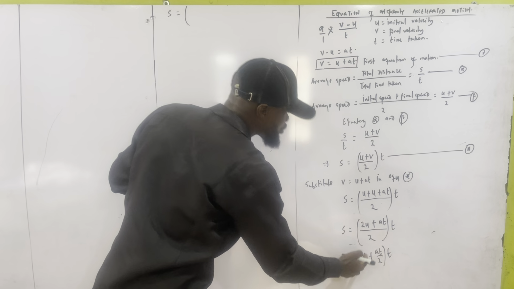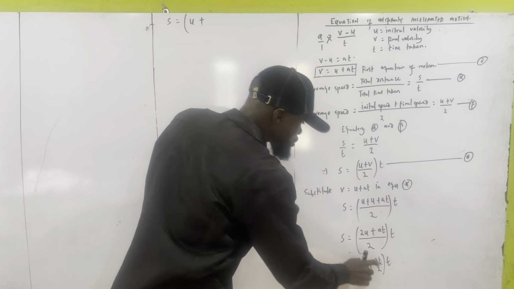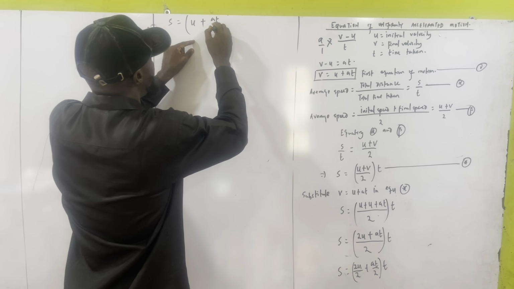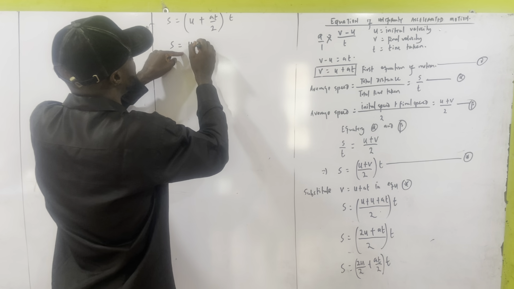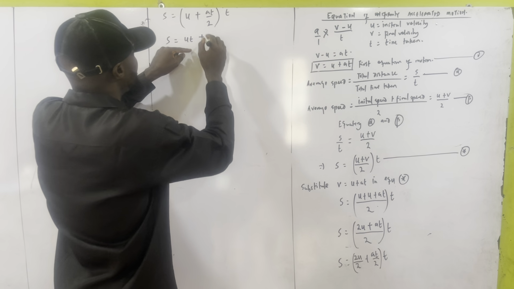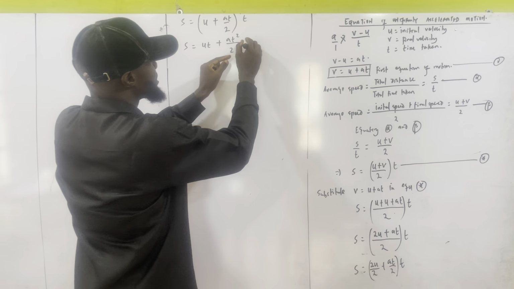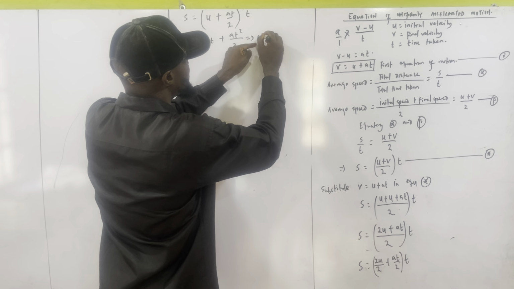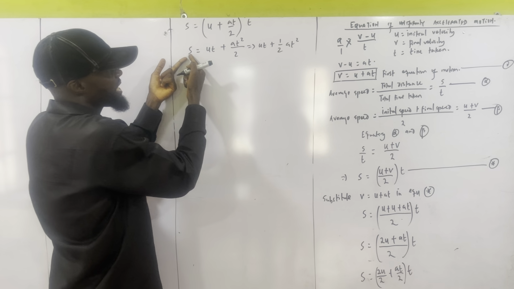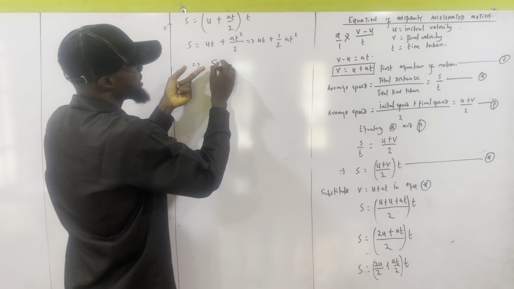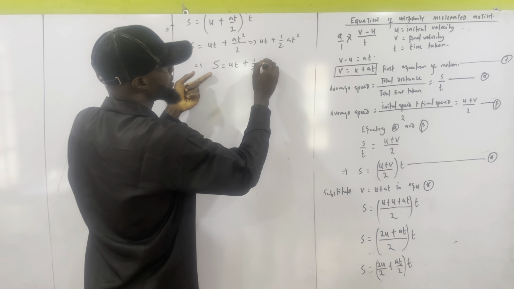The 2 in 2u over 2 cancels out, leaving u. Using t to open the bracket, s equals ut plus at squared divided by 2. We can write this as s equals ut plus 1 over 2 at squared.